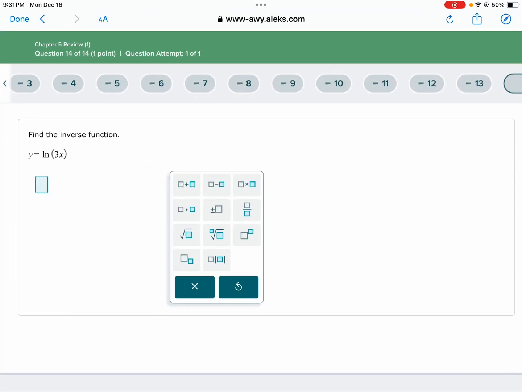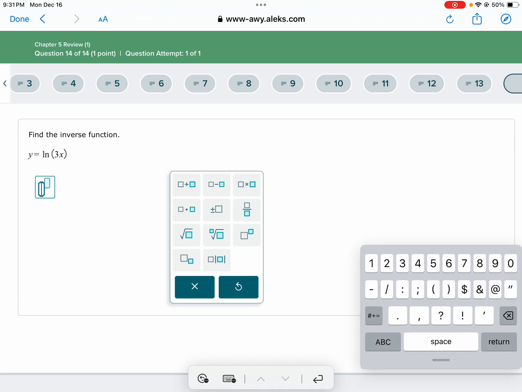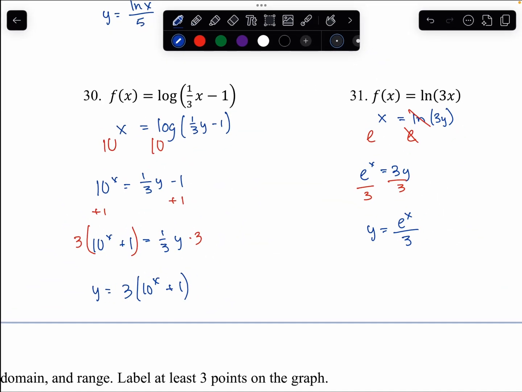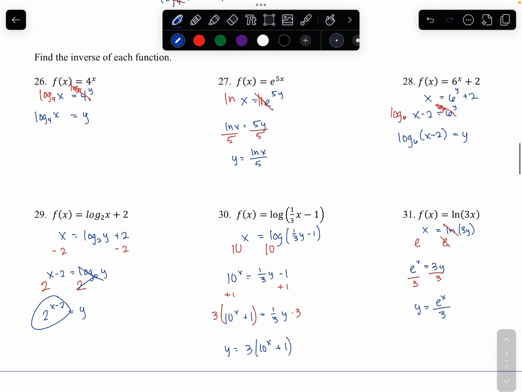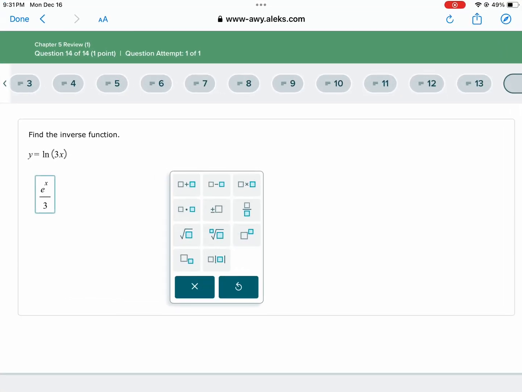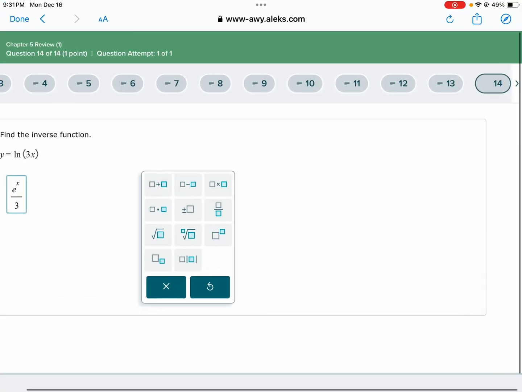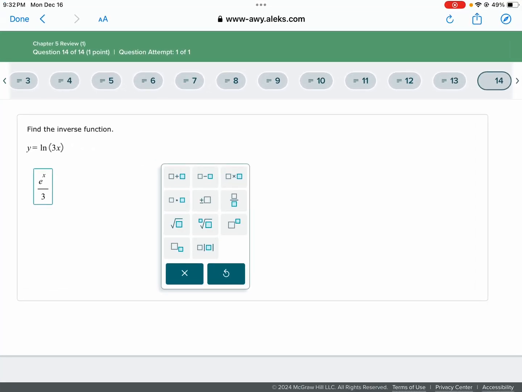So this will be e to the x, and then here divided by 3. Okay, and that should do everything. That should finish everything for the part that's in ALEKS.